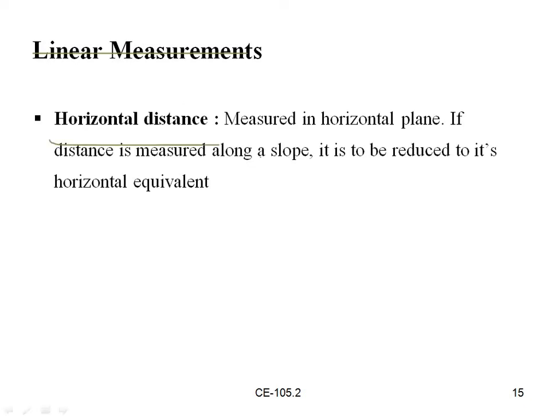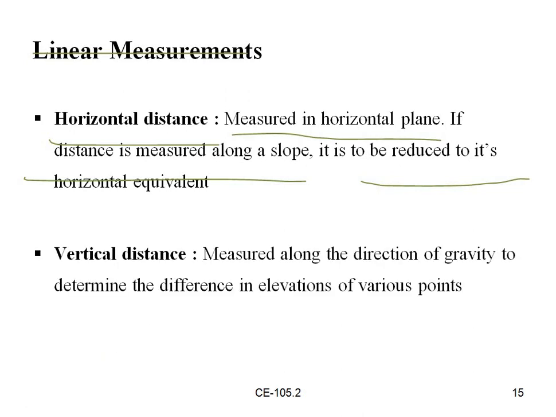In linear measurements, what is horizontal distance? It is measured in the horizontal plane. If the distance is measured along a slope, it is to be reduced to its horizontal equivalent, so it is called the horizontal distance. And what is vertical distance? It is measured along the direction of gravity to determine the difference in elevations of various points.